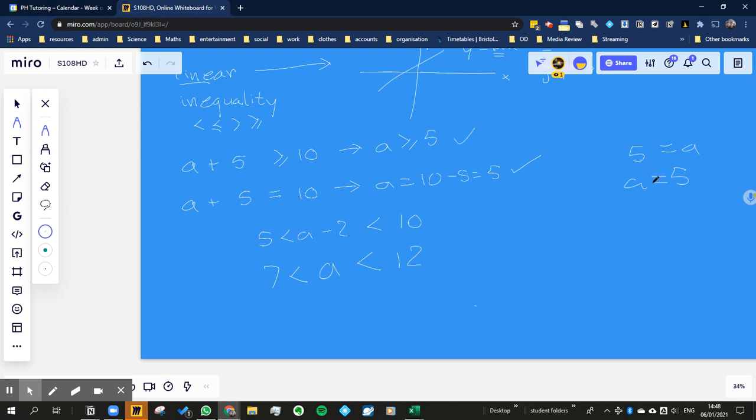The equal sign doesn't matter which way it's pointing. A is equal to 5, 5 is equal to a. They're the same thing. But a is greater than or equal to 5, when I switch that around, I've got to switch the sign around. So look out for that. It's a fairly easy thing to understand, but it's something that people often walk into. Okay.